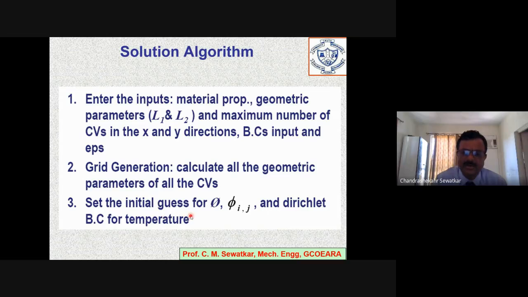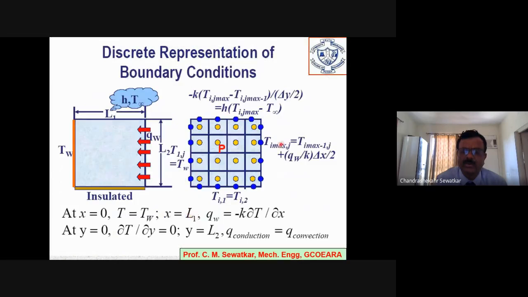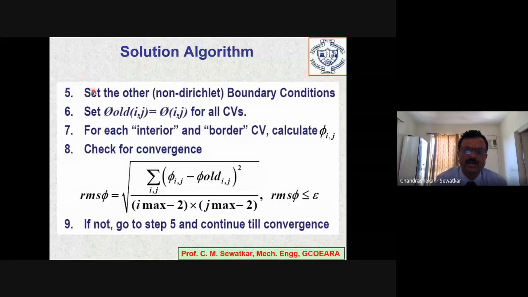The other non-Dirichlet boundary conditions which I was talking about here, this is non-Dirichlet, this is non-Dirichlet, this is non-Dirichlet. This is in fact Neumann boundary condition, and this is Robin boundary condition. So other non-Dirichlet boundary conditions are required to be set at a different instant. Why?